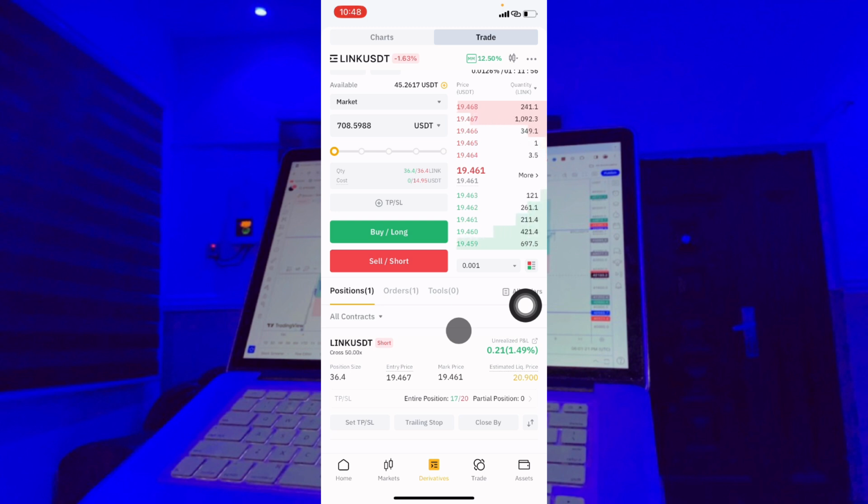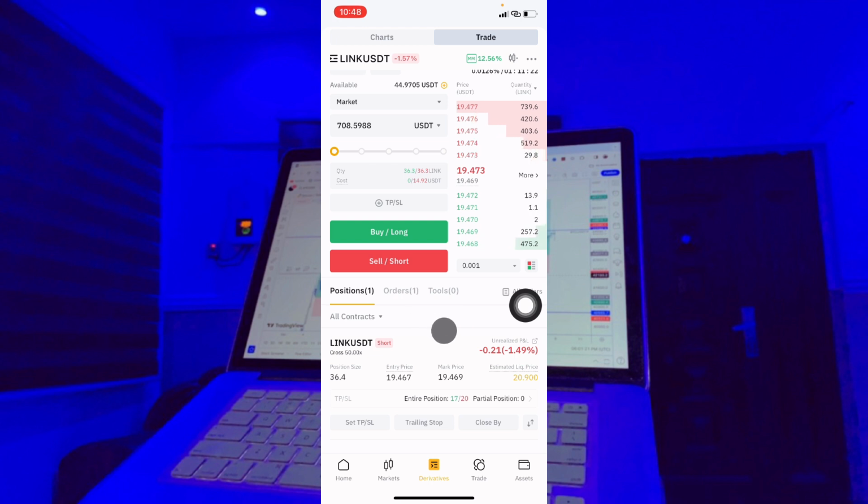If I enter a trade and the trade is able to reach 100 plus or 200 plus ROI, I usually close 50% of my profit and move my stop loss to entry. Are you listening? If you enter a trade and the trade is going well, the trade has reached 200% ROE, that's return on investment, you can close 50% profit, or you can move your stop loss to entry.